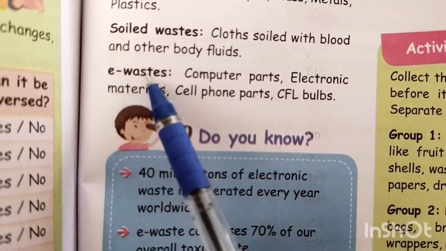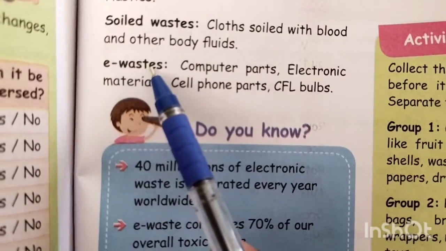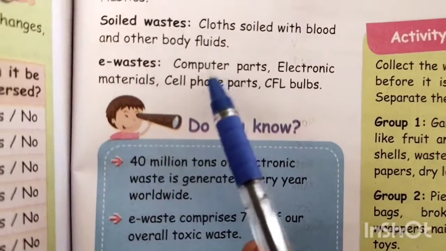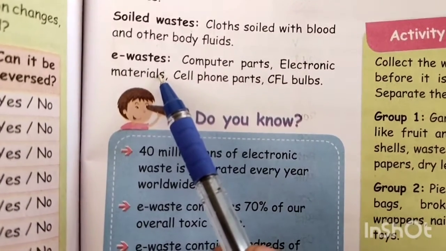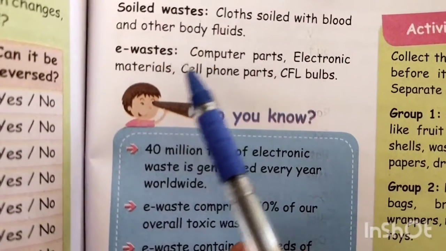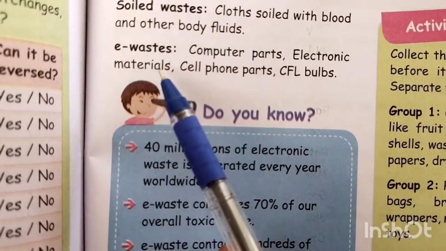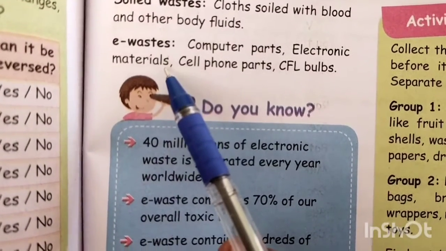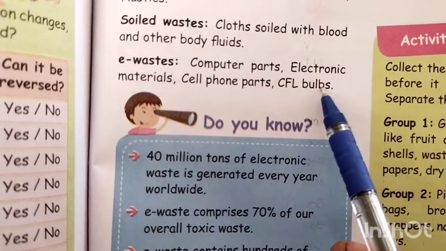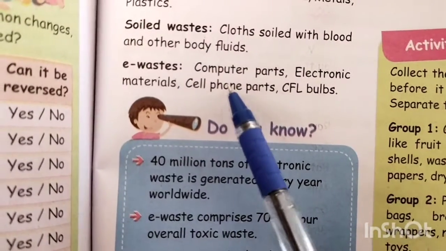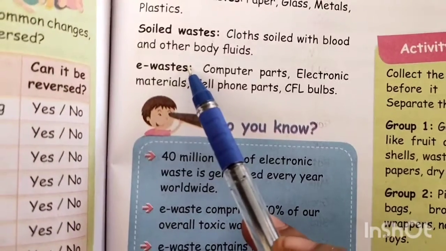E means electronic. So e-wastes means electronic wastes: computer parts, electronic materials such as old wire, bulbs, old switches, cell phone parts and CFL bulbs.